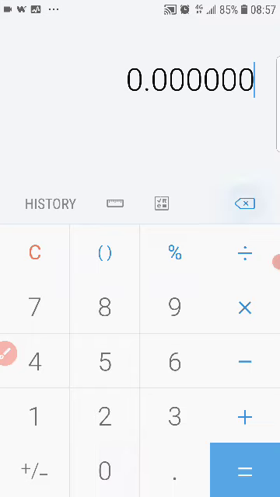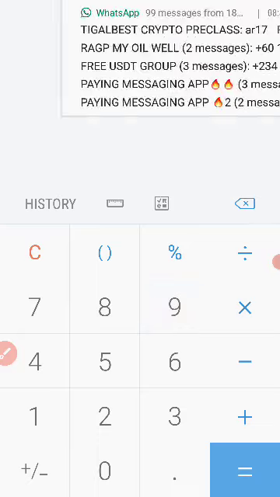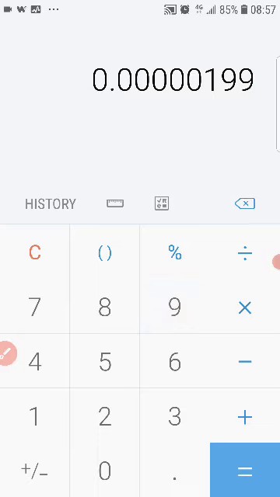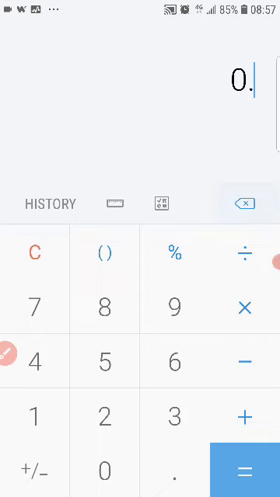Now we have 100 Satoshi. 101. 190. 199. Then 200. That is how the thing will keep growing. If you go to your Bitcoin chart, you see how it is growing.